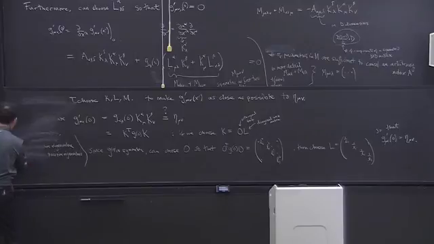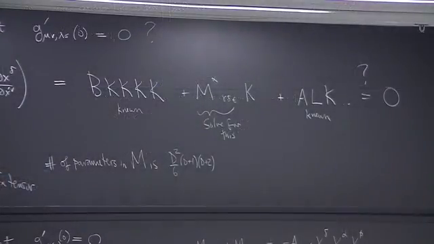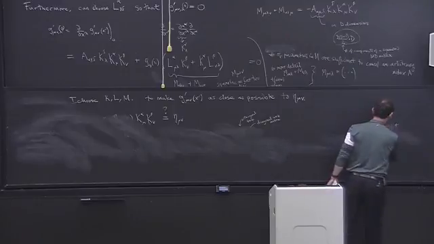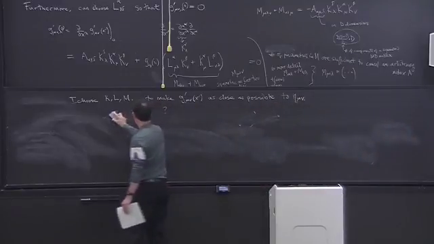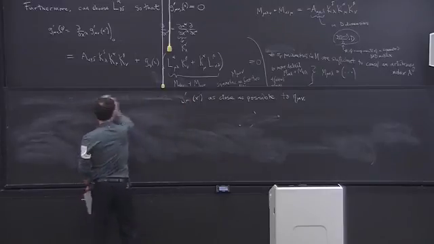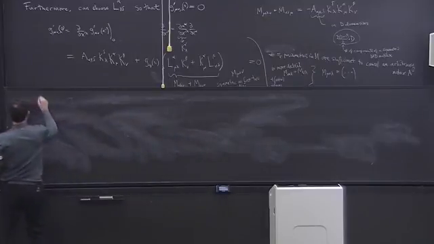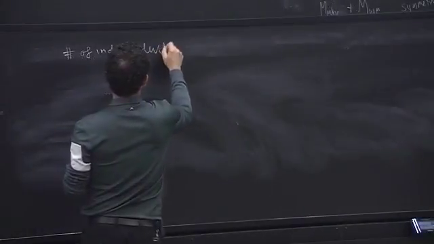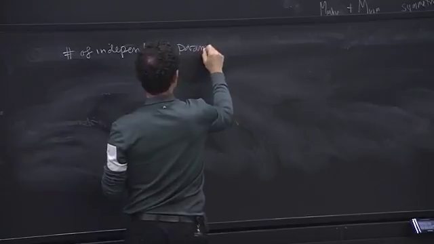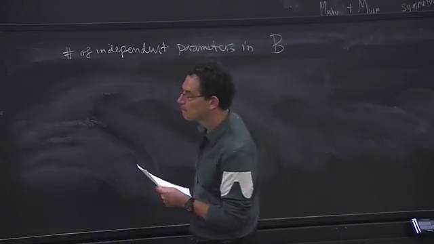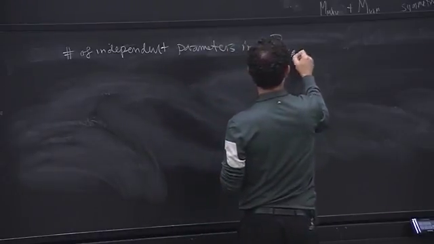But the point is, the matrix B has a different symmetry structure. See, the matrix B is symmetric under exchange of the first two indices or the second two indices. It's not symmetric under three indices. So the number of independent parameters in B, alpha, beta, lambda, sigma.